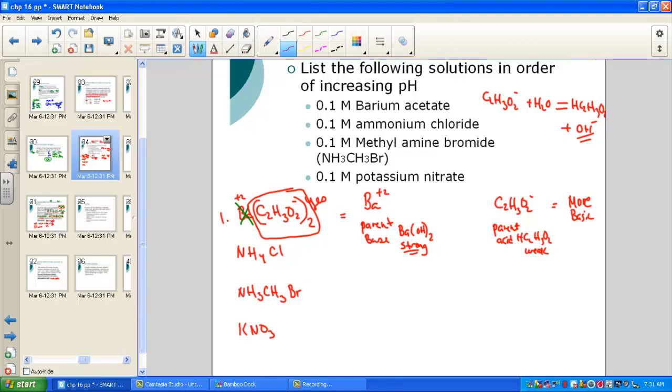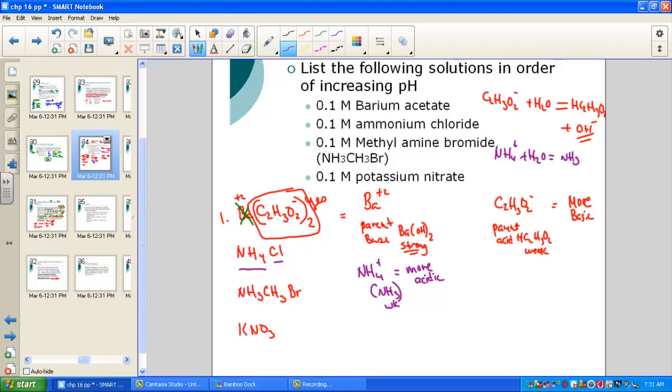Let's talk through number 2. Ammonium chloride. The positive ion, ammonium, has a parent base, ammonia, which we know to be weak, isn't it? Therefore, yes, it is going to affect the pH. It's going to make the solution more acidic. Do you want to see, just to review, why I know that? If ammonium undergoes hydrolysis, it puts the proton back on the water, doesn't it?